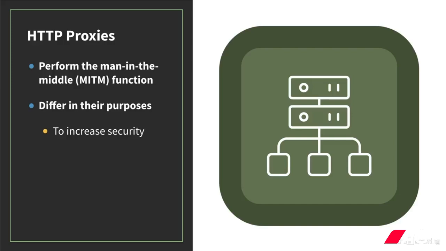They sit between an HTTP client and its server and act like the server to the client and vice versa. Since they inspect HTTP traffic, HTTP proxies are application layer programs.